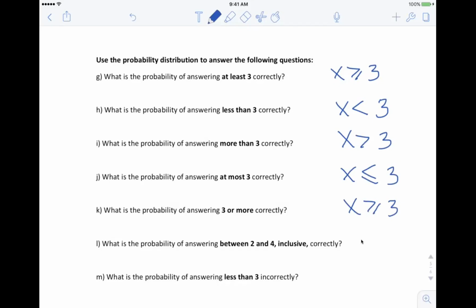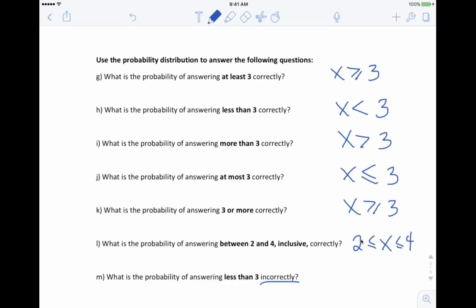Between 2 and 4 inclusive, we got to write that like this. X is between 2 and 4. And then what's the probability of getting less than 3 incorrectly? Ooh, that's tricky. Incorrect, less than 3 incorrectly. What would that be correct?